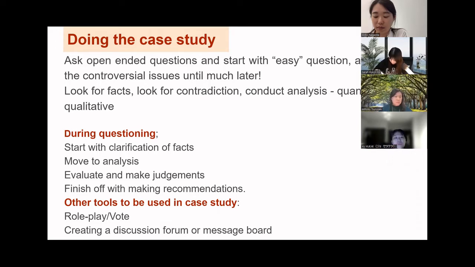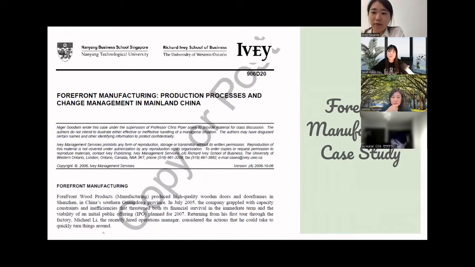You can look for facts, look for contradictions, conduct analysis, and you need to clarify facts. I will show you a method with which you can start off the case study. Any questions until now? Anything that is not clear?